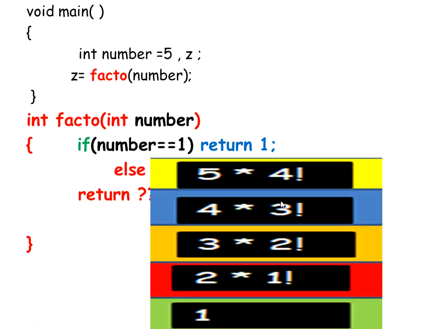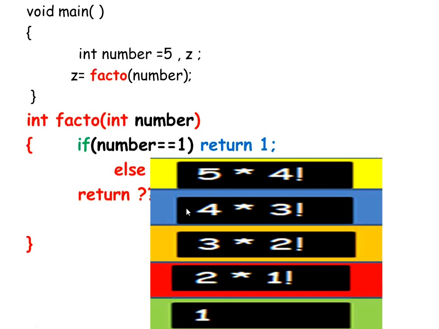So every time you see, you are talking to the number at hand and then you're computing the factorial of 1 minus of that number. So this factorial sign means that you're using the factorial function.